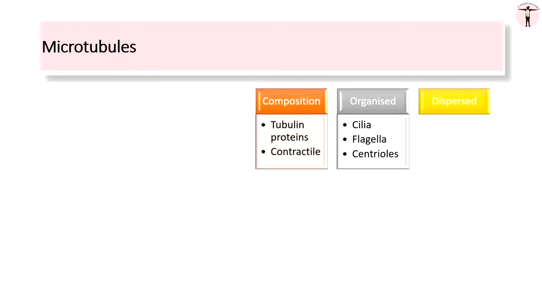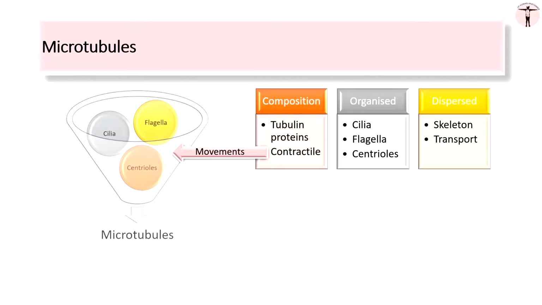The dispersed microtubules act as the skeleton of the cell and help in transport of various substances including the macromolecules throughout the cytoplasm. Since the microtubules are composed of contractile proteins, they are concerned with movements of cilia, flagella and achromatic spindles through which centrioles are pushed to opposite poles of the cell.